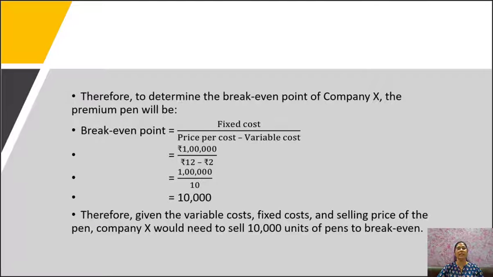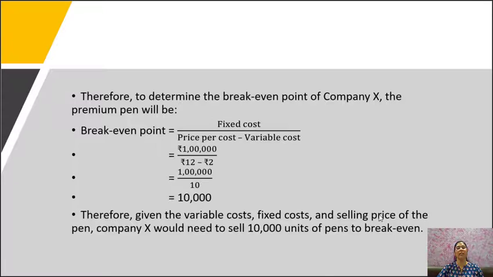So, in this case, to determine the break-even point of company X, the premium pen, break-even point is equal to fixed cost divided by price per unit minus variable cost. The fixed cost was rupees 1 lakh and the contribution is price per pen, that is rupees 12, minus variable cost, so that is rupees 10, which comes to 10,000.